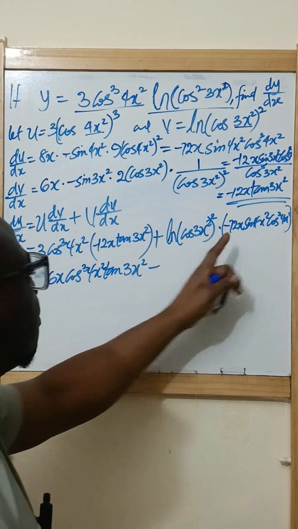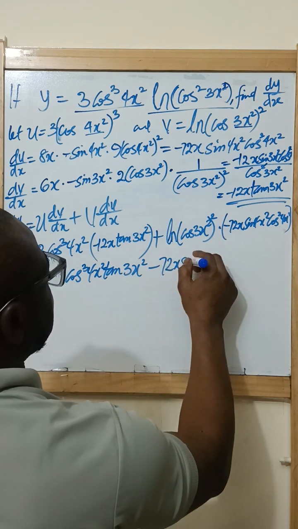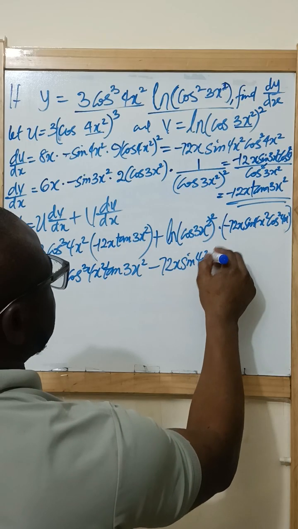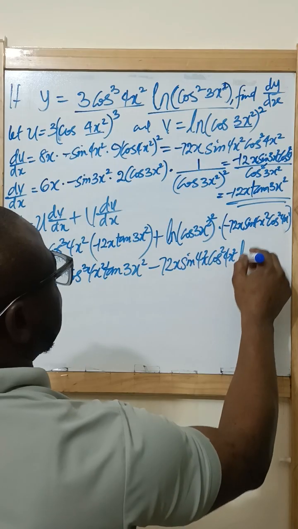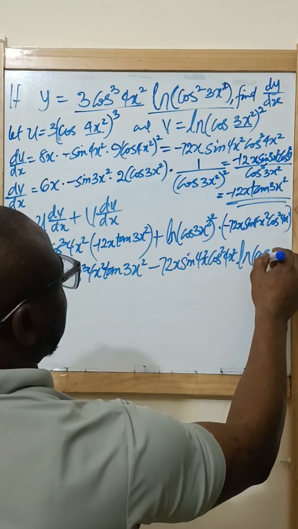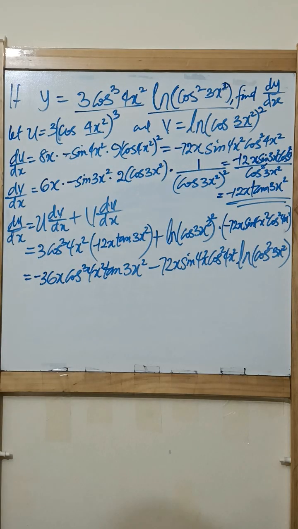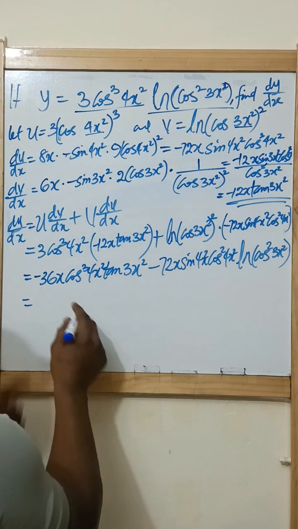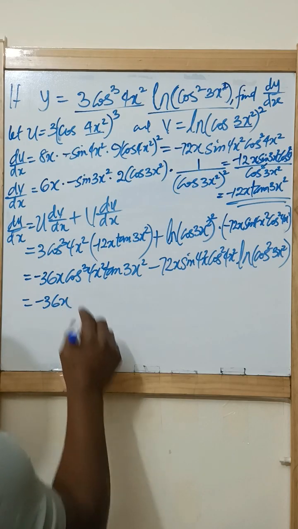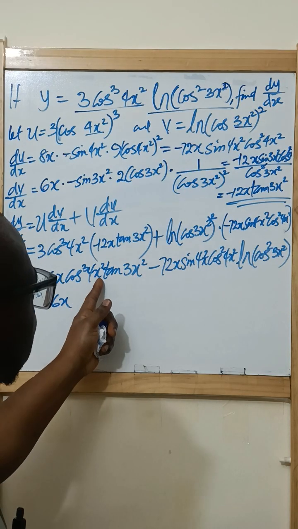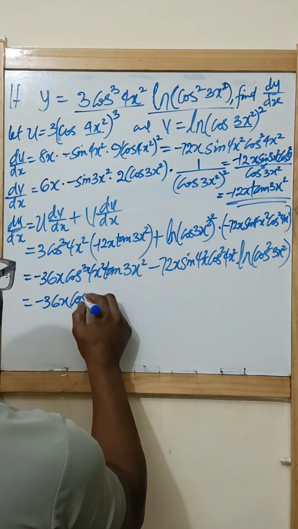Then this one, minus 72x sine 4x squared cos squared 4x squared, then ln cos squared 3x squared. So minus 36 and x are common. Then this is cos cubed 4x squared and this is cos squared 4x squared. Cos squared 4x squared is also common.